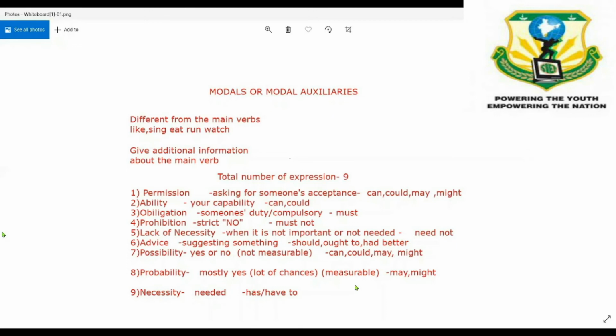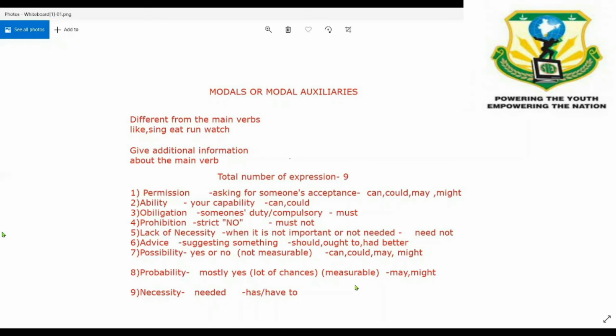The last one is necessity, that you need to have that particular thing. That is highly necessary, or highly mandatory. Mandatory means highly important. Necessity is opposite to lack of necessity. For necessity, we use the modal auxiliary has to or have to.